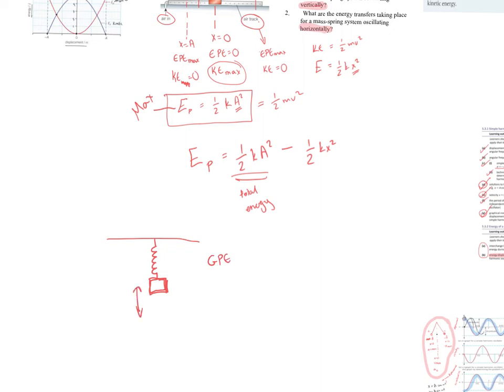You also have kinetic energy, since it's moving, and elastic potential energy, since you have a stretched spring. The key bit here is to identify what's going on and when. I'll let you have a thought over that and how you come up with it, so we can discuss it in the lesson. So what are the energy changes taking place here? How would you be able to analyze them if you had to? And how would you simplify them as well?